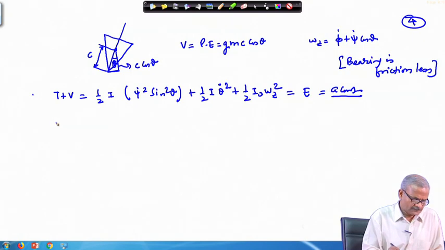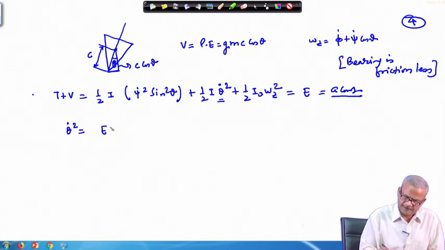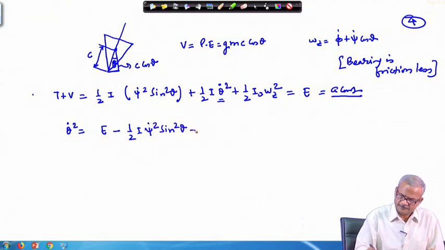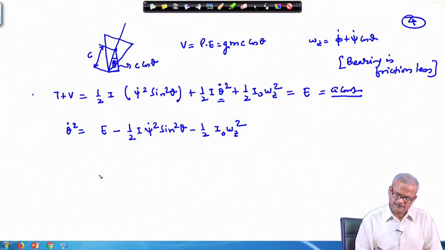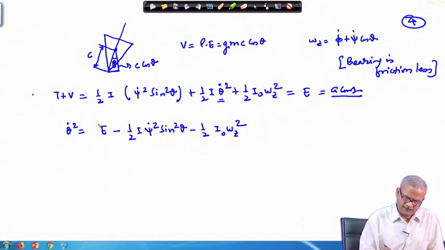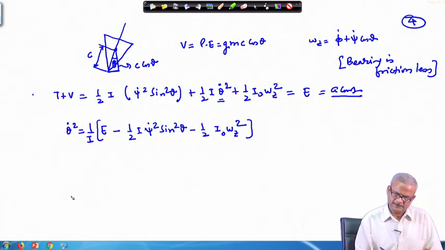Okay. So, we can solve here for this theta dot. So, theta dot square can be written as E, the total energy, minus 1 by 2 I times psi dot square, minus 1 by 2 I 0 times omega z square, divided by I. So, this is divided by 1 by I, and there is a factor of 2 here.